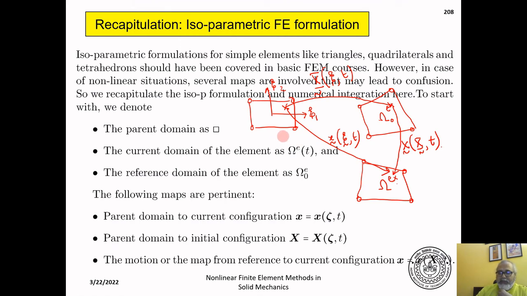And remember, when we are doing the total Lagrangian or updated Lagrangian formulation, we have to take derivatives of Ni with respect to, say, capital Xi, or derivatives of Ni with respect to small xi. So spatial or material derivatives. To do this, we will have to use either this map or this map.